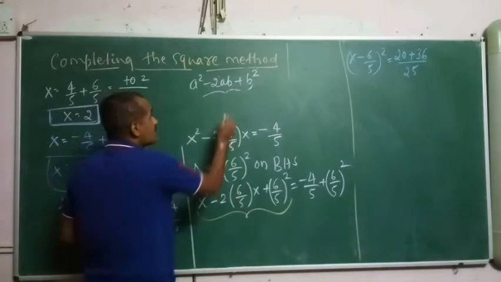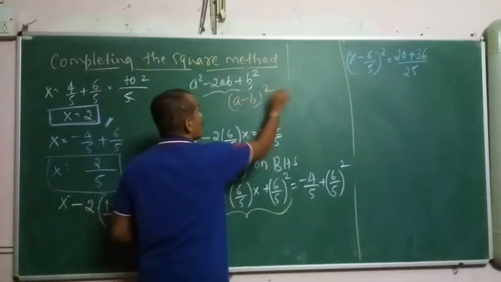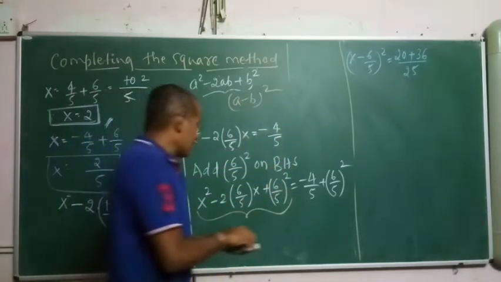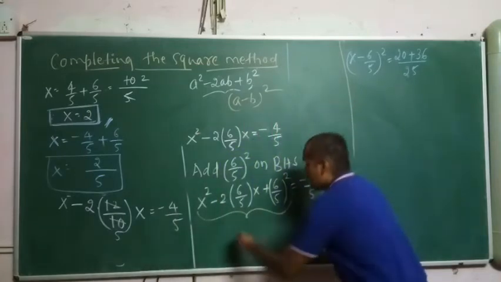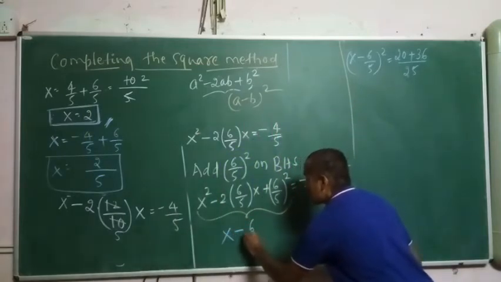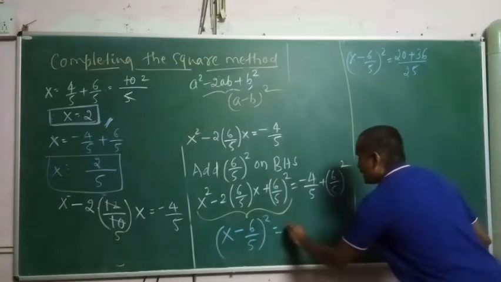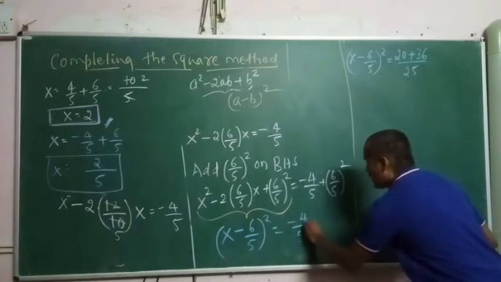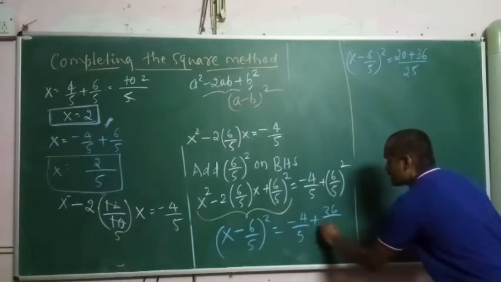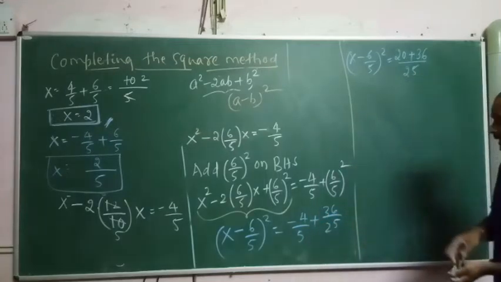The short form of this is a minus b the whole square. I can write it as x minus 6 by 5 the whole square is equal to minus 4 by 5 plus 36 by 25.